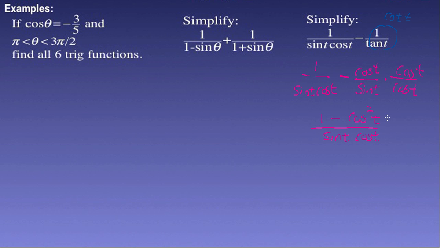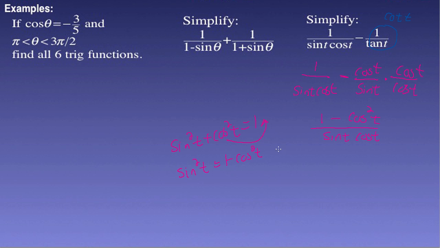And while I can't simplify anything in the bottom, this numerator should look familiar. It's almost identical to what happened in the previous problem. Sine squared t plus cosine squared t equals 1. If I take cosine squared t and move it to the other side, I know that sine squared t equals 1 minus cosine squared t.